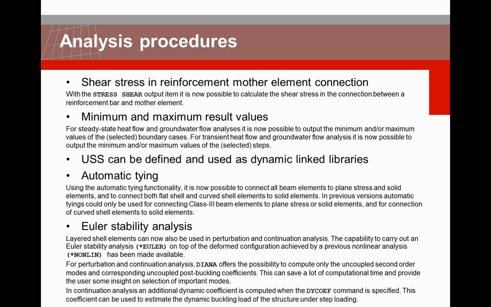But for users who want to use user-supplied subroutines, this was not always convenient, because it forced them, with every new Diana version that we offer, to upgrade their compilers. And now we are much more flexible by offering these user-supplied subroutines as dynamic linked libraries.